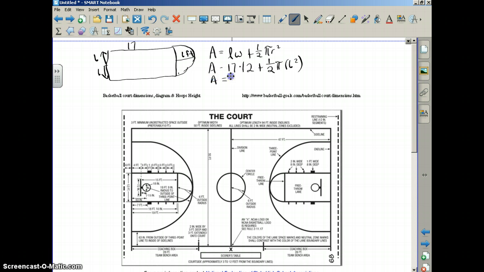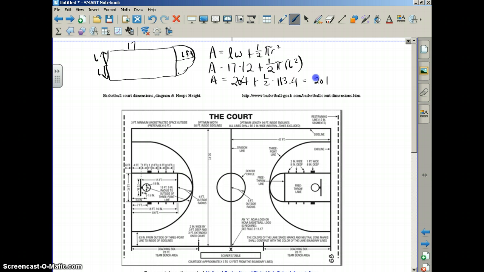So if we crunch the numbers, we get, okay, so 17 times 12 is 204 plus 1/2 pi times 6 squared is 113.4.